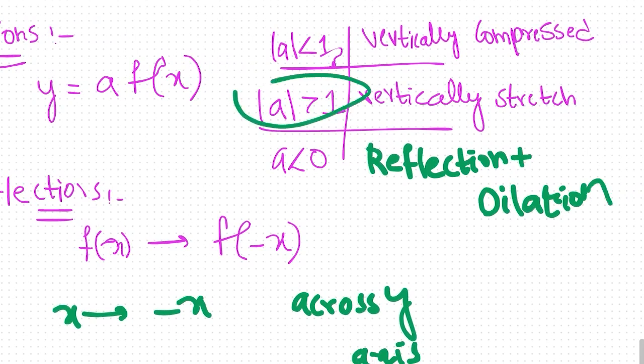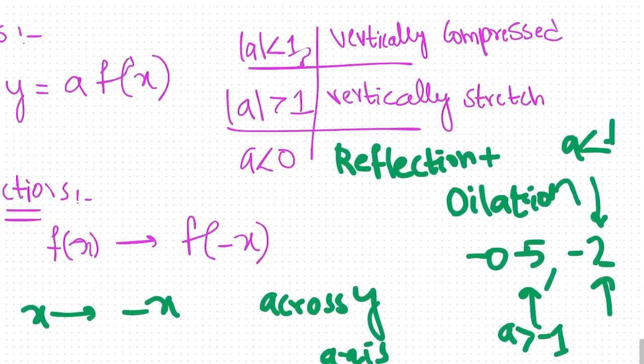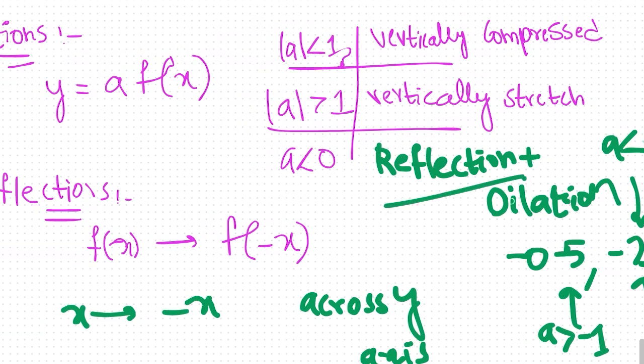Depending on if a is negative 0.5, the graph will be something. If a is negative 2, the graph will be something. This is the a greater than negative 1 case. This is the a less than negative 1 case. So you have to perform reflection and dilation.